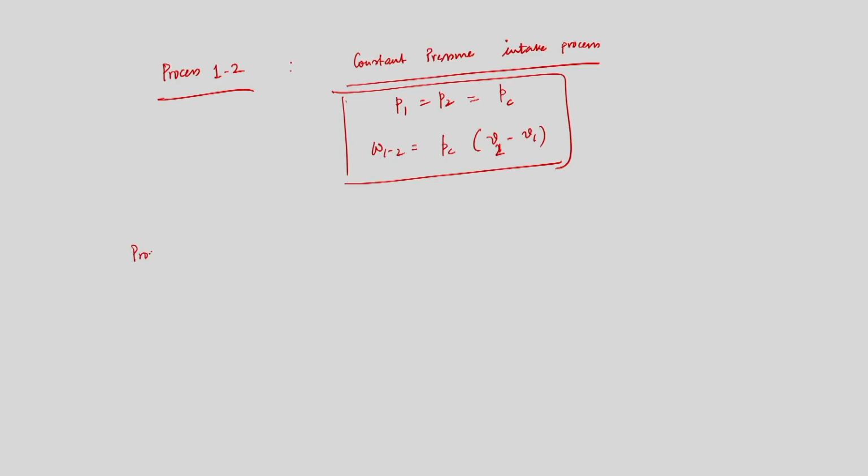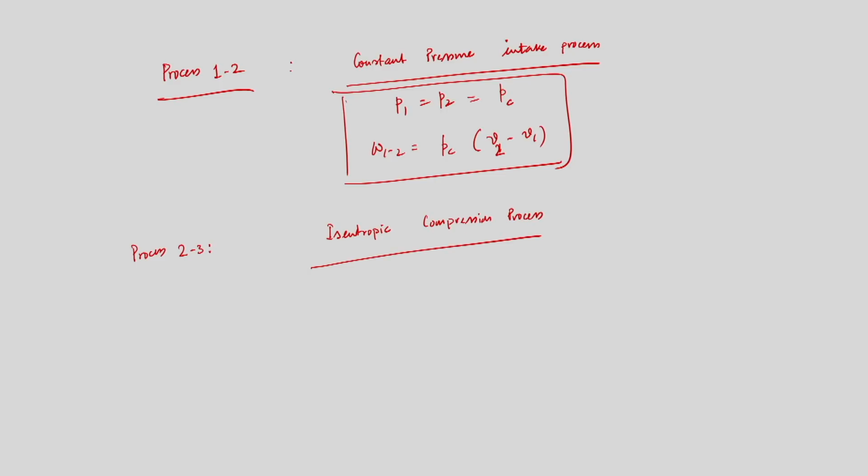Similarly, if we go back for process 2 to 3, what is the process? Process 2 to 3 is isentropic compression. So, this is the isentropic compression process, very important.